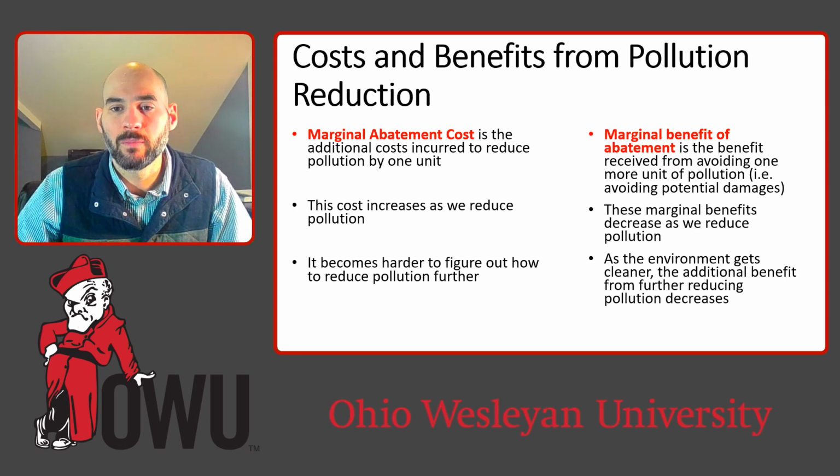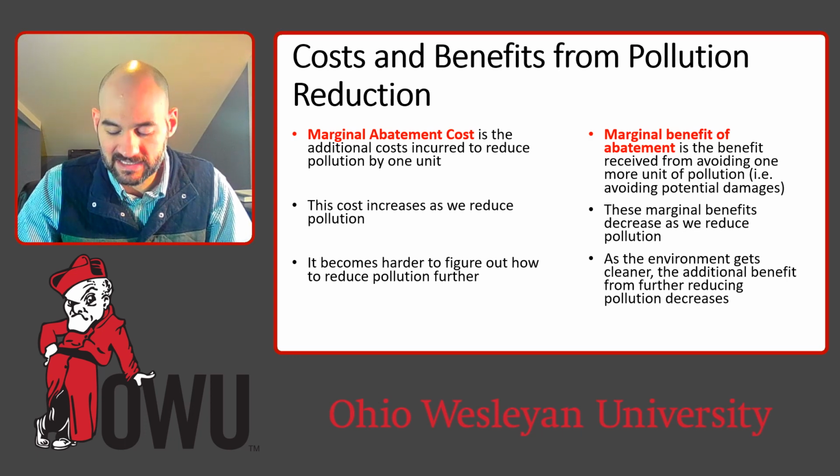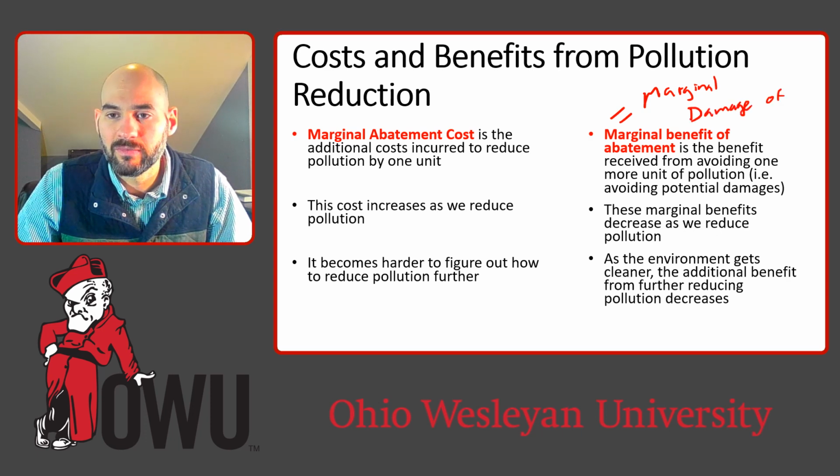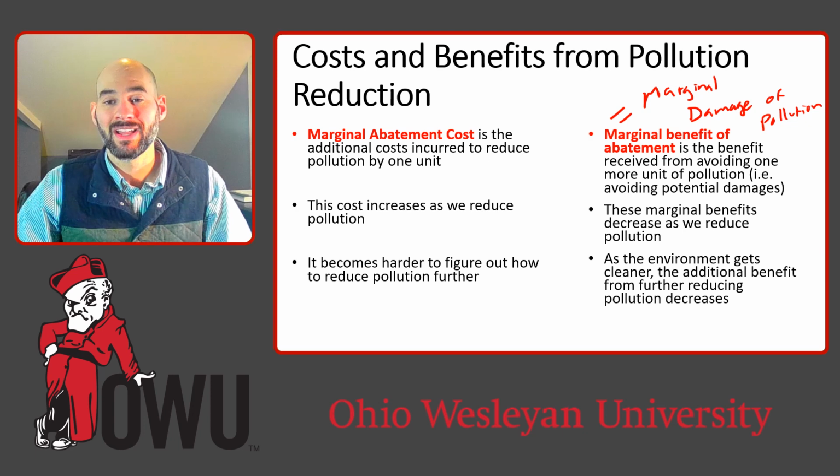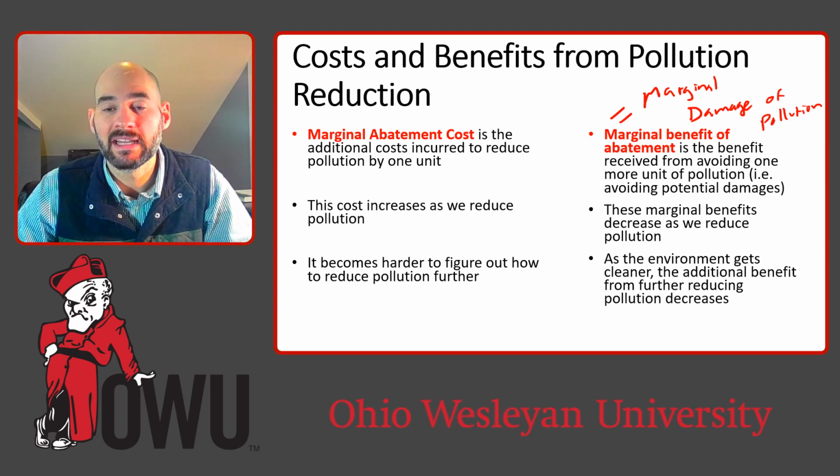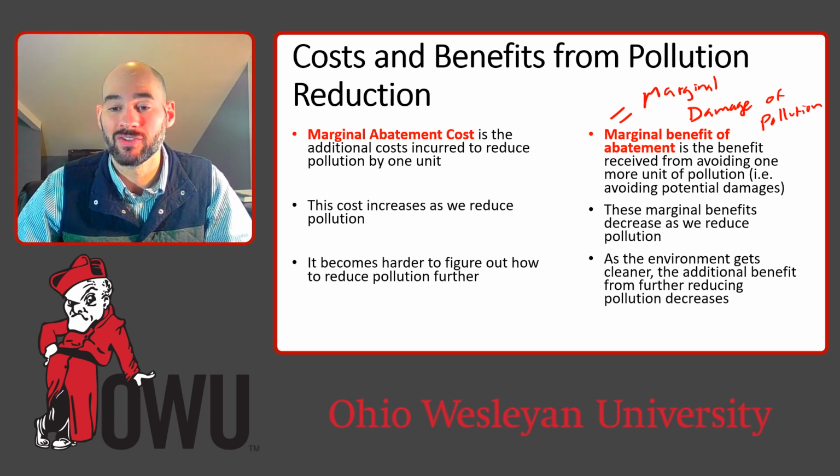And the marginal benefit of abatement is going to be directly tied to the marginal damage of pollution. And so if we are reducing that first unit of pollution, so if there's full pollution, whatever that may be, that last unit of pollution has a large marginal damage, right?